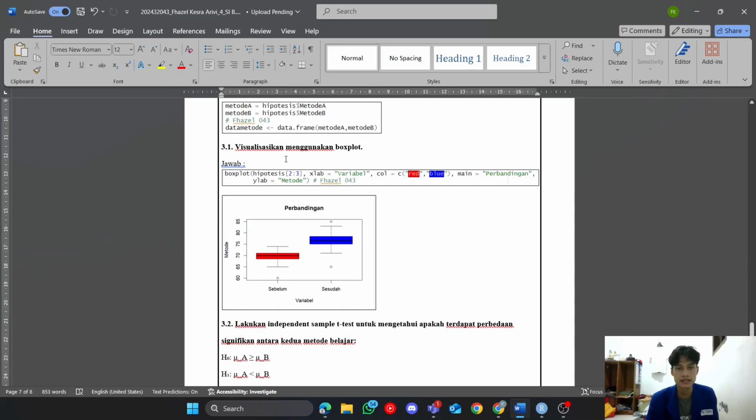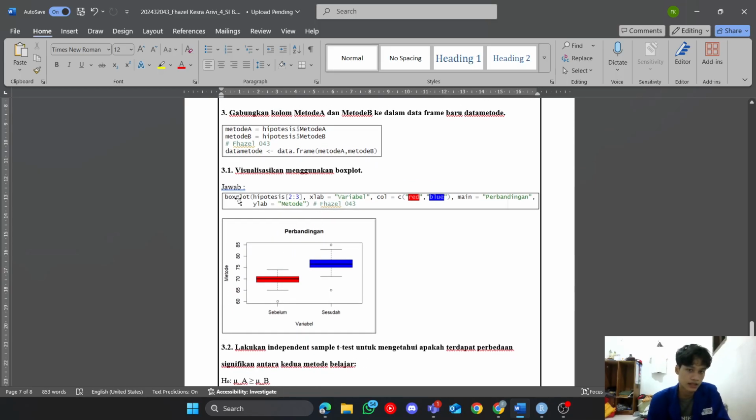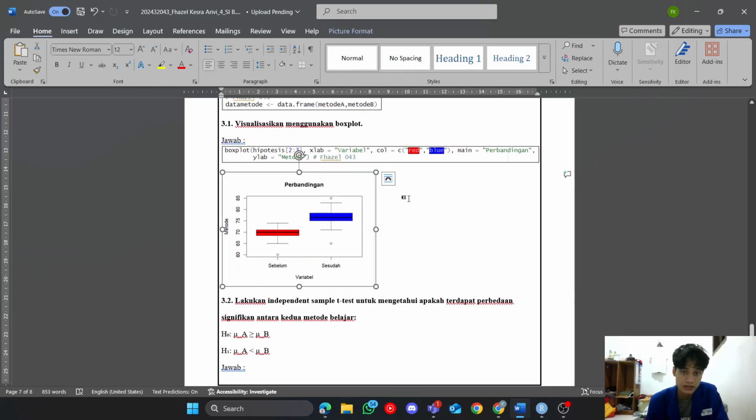So visualize this with a box plot with the syntax like this. Box plot of the data frame, x lab is variable, and the colors are red and blue. The main is perbandingan, the y lab is method. So we'll have a result like this.